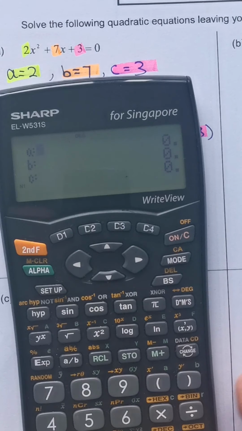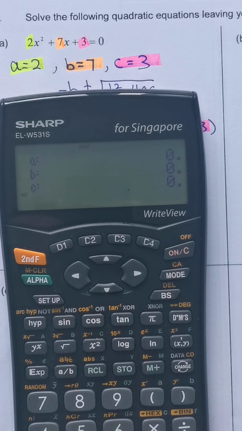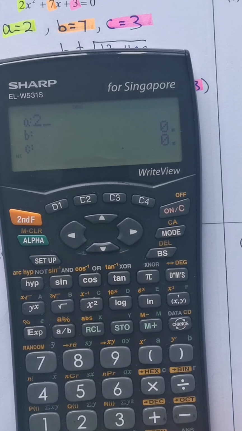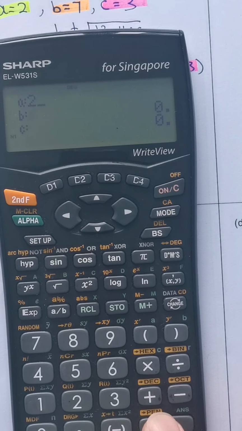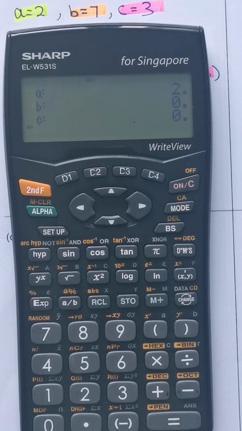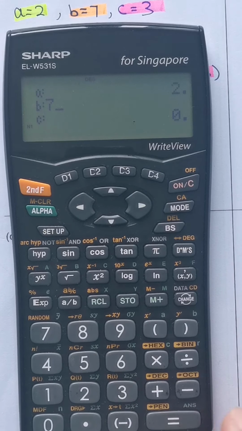Now I just need to key in my values. My a is 2, so I press 2, press equal, and it will jump to b. Your b is 7, so I press 7. I press equal again, and my c is 3.